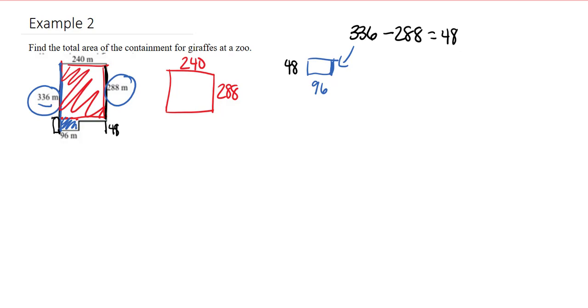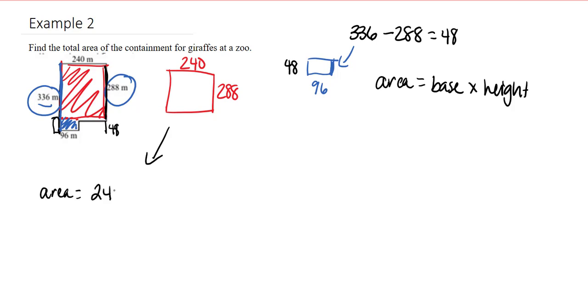So now we can solve, because the way we solve for rectangles or parallelograms is, our formula is base times the height. So let's solve for this one first. To find the area, it's going to be 240 times 288.